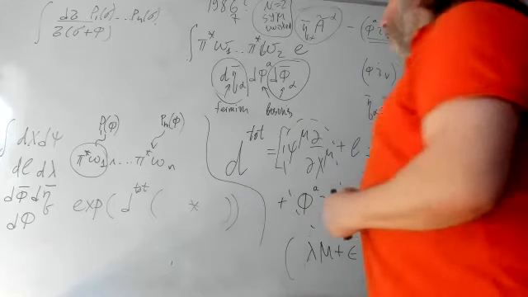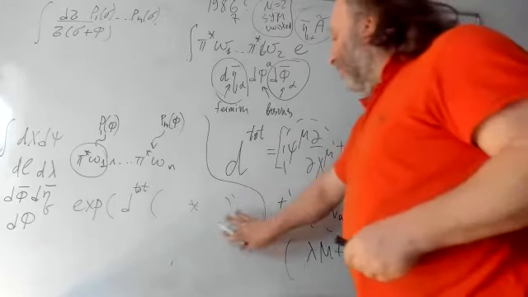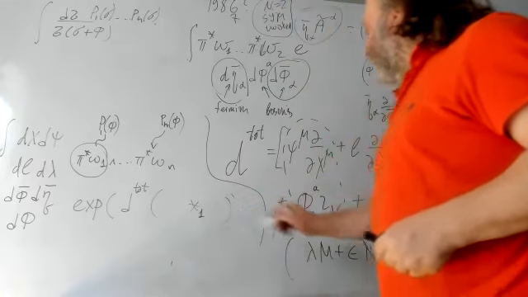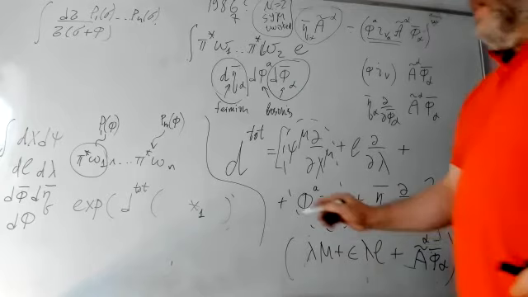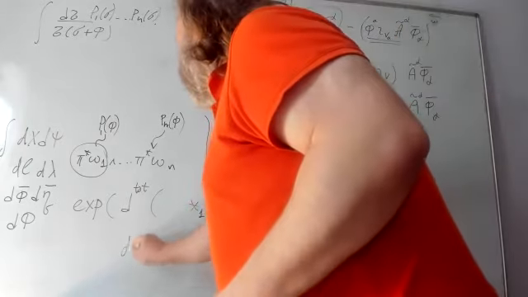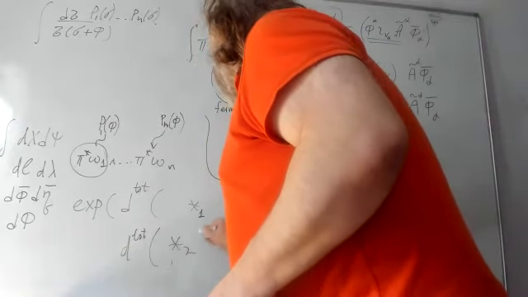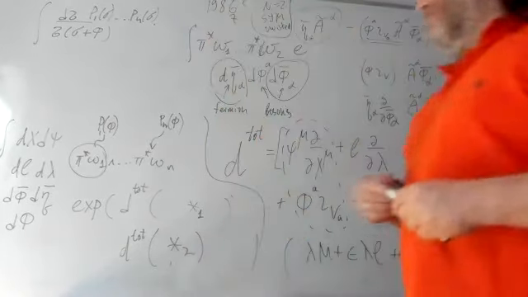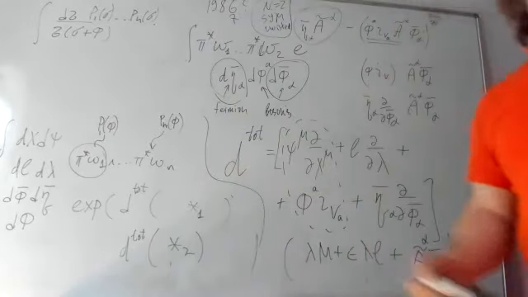So now the strategy would be, here we have star number one. The strategy would be to put here d tot of star number two, such that the integral still would make sense.